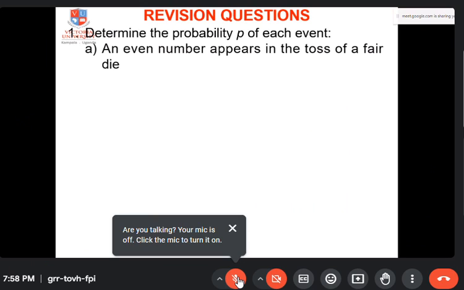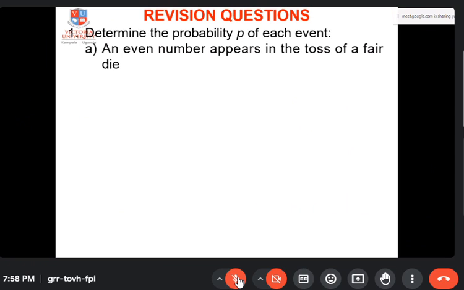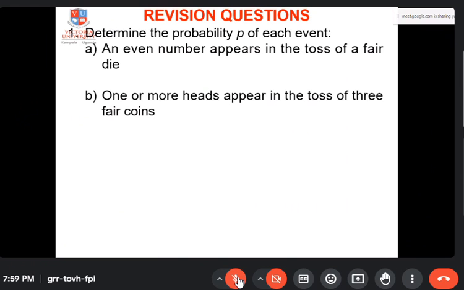Sorry, it is a fair die. I think 3 over 6, which is 1 over 2.